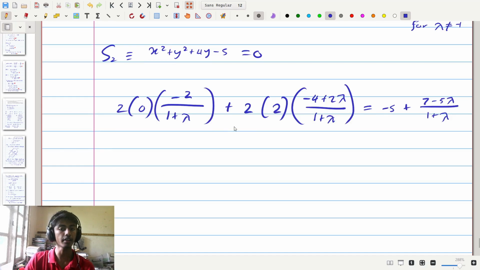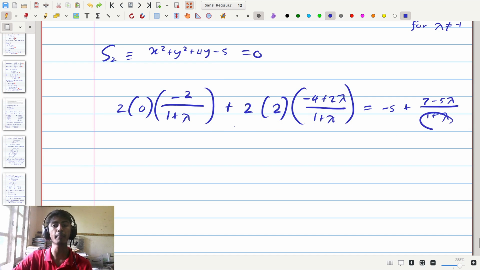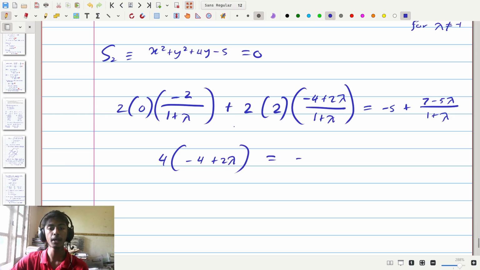Now simplifying, if we cancel out this term right here, we can see both of these terms have denominators of 1 plus lambda in them. Therefore, if we multiply everything by 1 plus lambda, we'll get on this side 2 times 2, which is 4, times minus 4 plus 2 lambda. And on this side, we'll get minus 5 times 1 plus lambda and plus 7 minus 5 lambda.